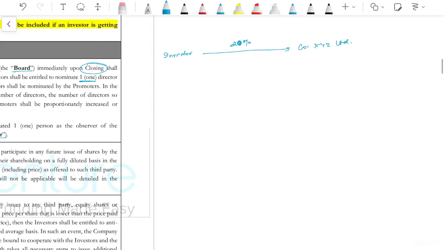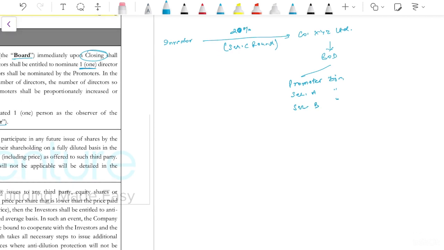Given that I have a decent shareholding in the company, in the board of directors of the company, there is a promoter director. Let's say I come in at Series C round. There is a Series A director and there is a Series B investor director. Now, let's say in Series C, I am the only one participating. So I am asking the company, allow me to have a Series C investor director, right?